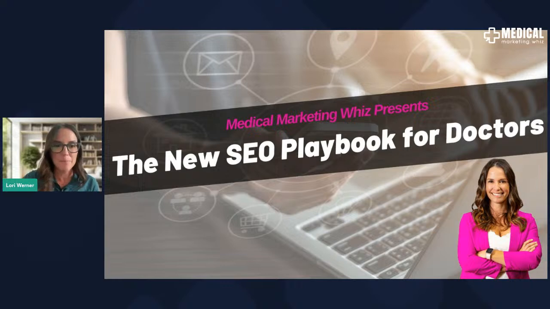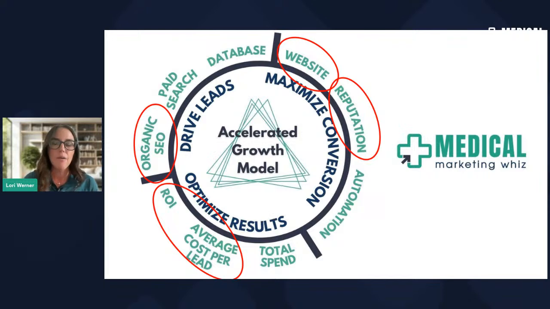All right. So as I mentioned, we're going to be talking all about search engine optimization. Now, I like to share this as an overall guide of all of the things that you need to do to really accelerate your growth. If we take a look at the inside here, we've got drive leads.